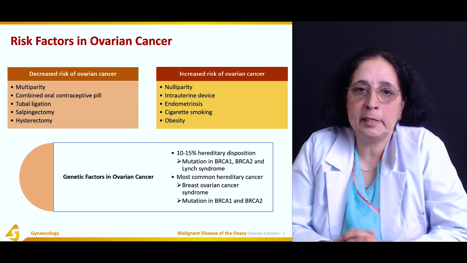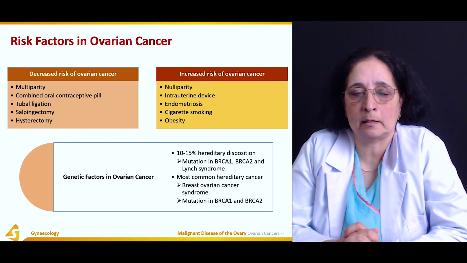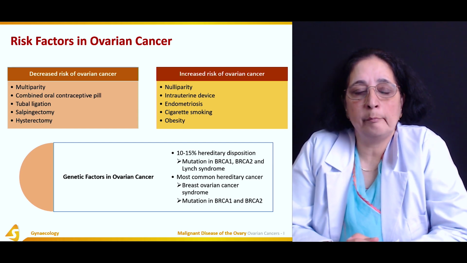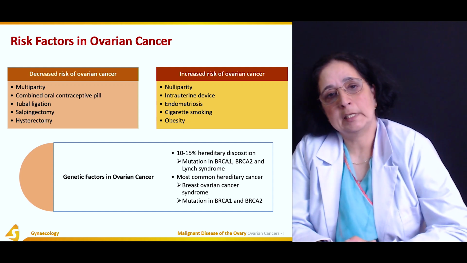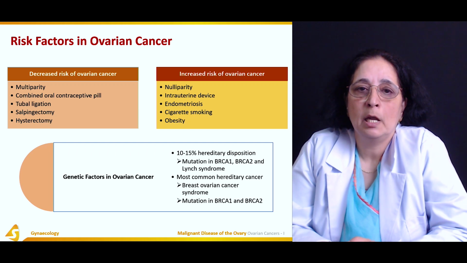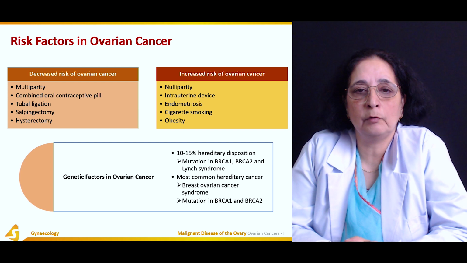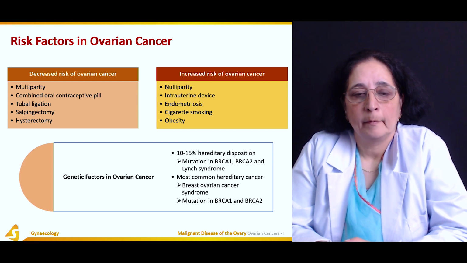So having multiple births decreases the risk of ovarian cancer. Whoever is taking combined oral contraceptive pills, the combined hormonal pills used for contraception, they also have a decreased risk of ovarian cancer.